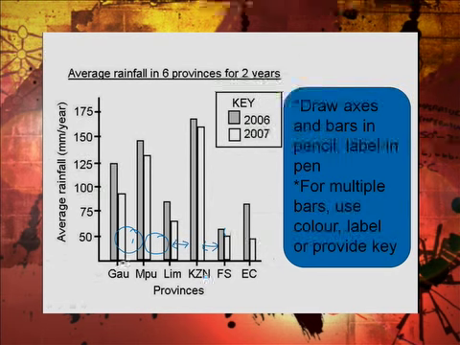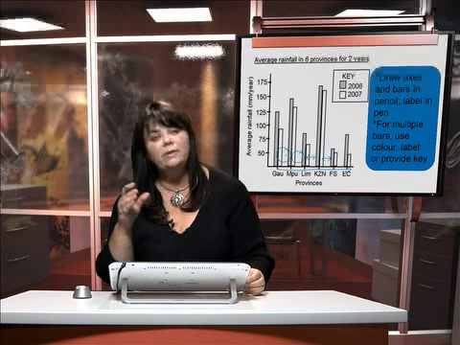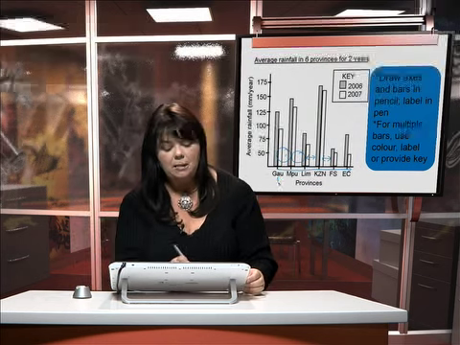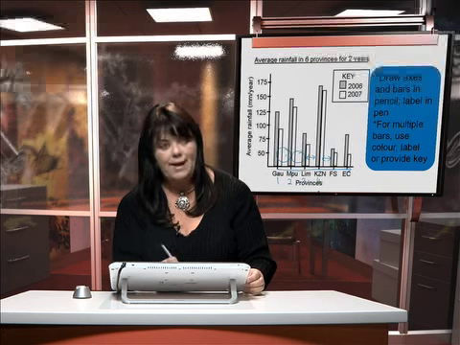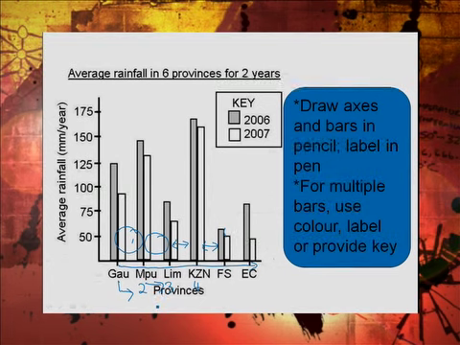This is because there's no continuum between these provinces. There's a continuum when we're talking about kilograms, for example. 1 kilogram, 2 kilograms, 3 kilograms might be what you illustrated on your axis, and there's a continuum from 1 to 2, 2 to 3. But there's no such continuum between Gauteng and Mpumalanga. So we need to show a gap in the middle. We need to show that these bars do not touch and the columns work upwards.